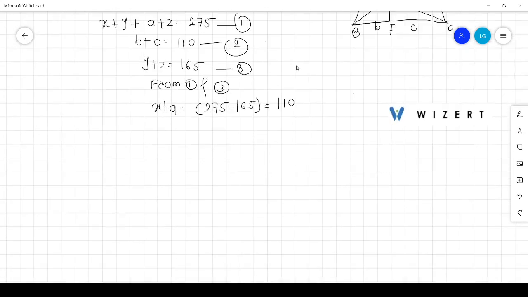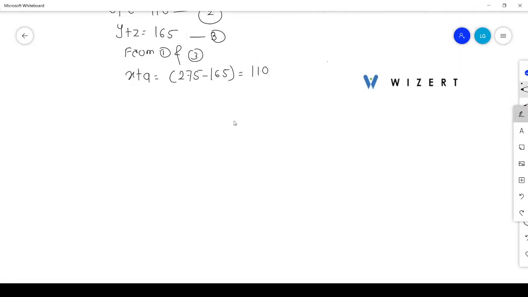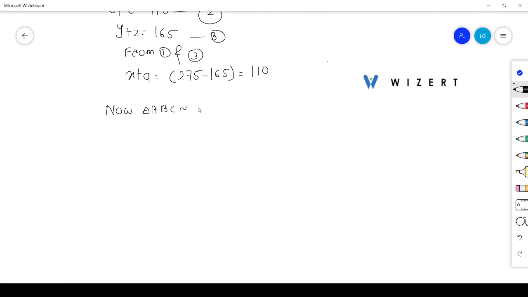Now, triangle ABC is similar to triangle EFC. So, the ratio of their corresponding sides are equal. So, AC upon EC equals BC upon FC equals AB upon EF.